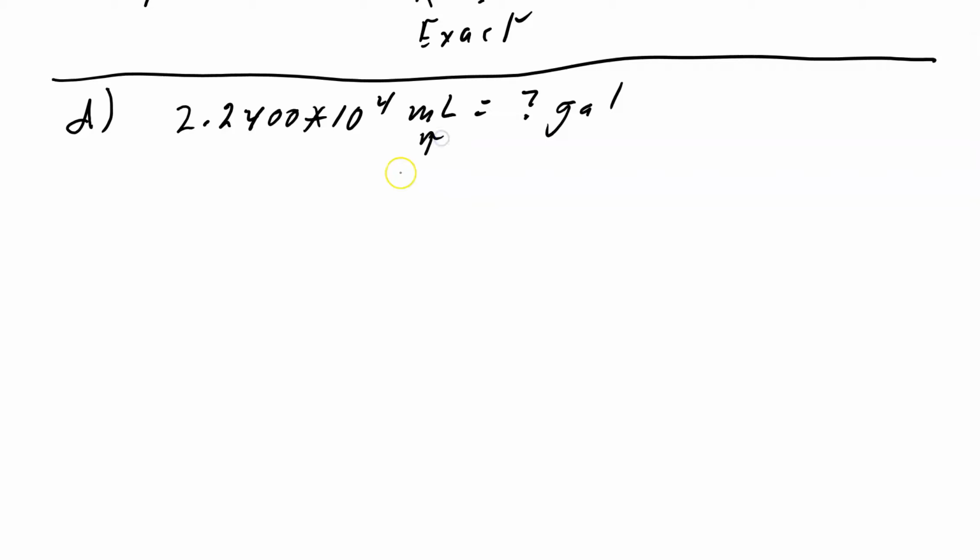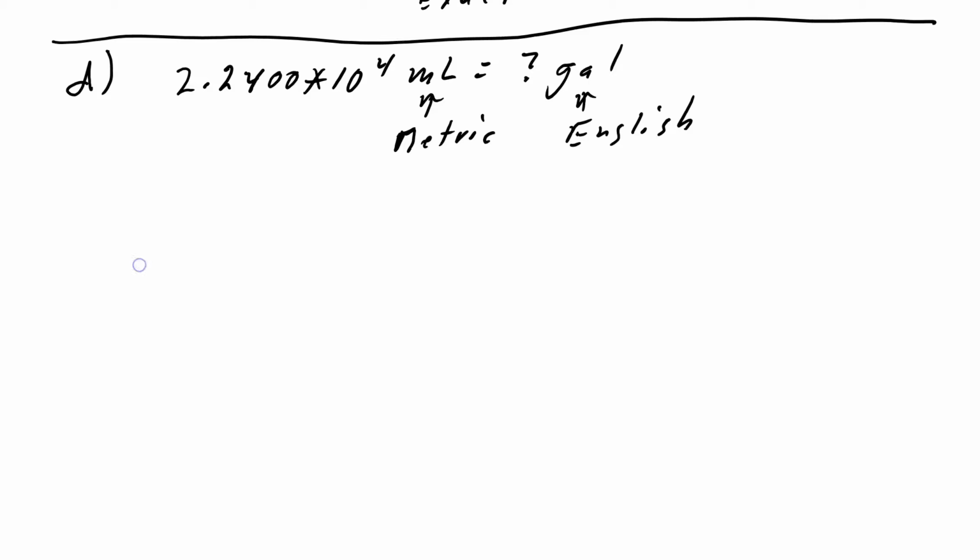So here we have our metric unit, milliliters, and here gallons, we have our English unit. So we're going to need a conversion factor that goes between the metric and the English system for volume. And in the back of your book or in your table, you will find a conversion between liters and gallons. 1 gallon is given to have a volume of 3.7854 liters.